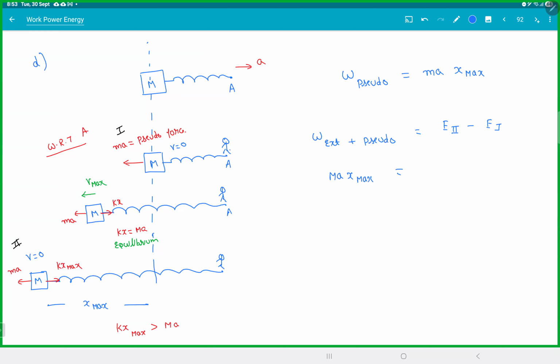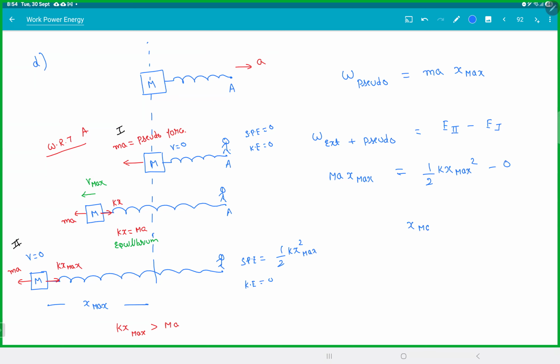Final state, this state, kinetic energy 0, spring energy half k x max square. Initial energy, initial spring energy is 0, initial kinetic energy is 0. Finally, spring energy is half k x max square. Finally, kinetic energy is 0. The block comes to rest momentarily, then it goes back.